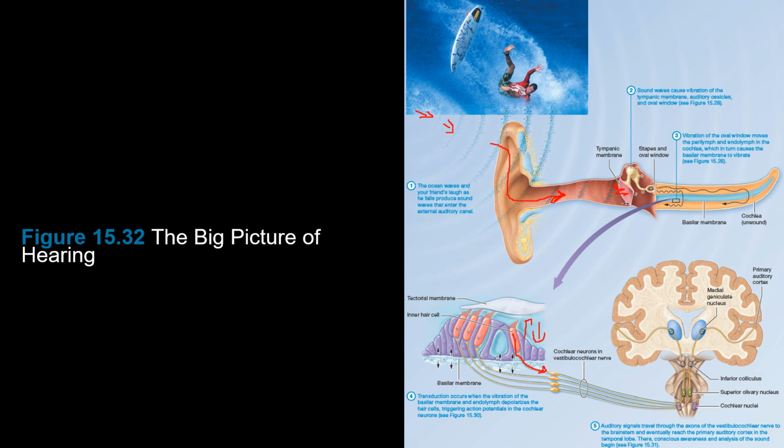The cochlear nerve travels up into the cochlear nuclei of the pons, then into the superior olivary nucleus, then the inferior colliculus, then the thalamus, and from the thalamus it goes to the primary auditory cortex, which will then confer with the other parts of the brain to process that sound and formulate a response. So that is hearing in all of its grand glory.